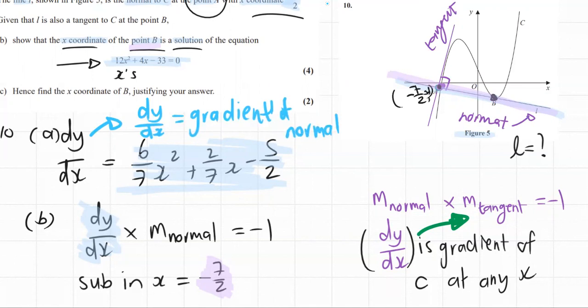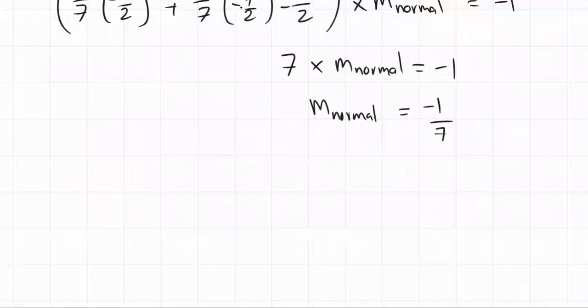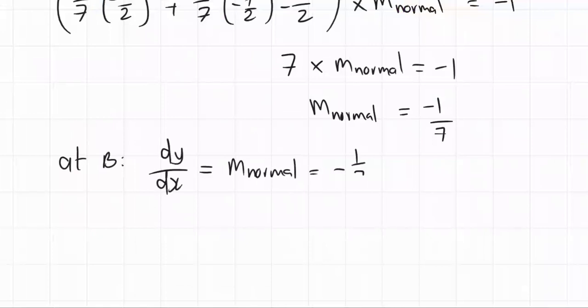So at point B, the gradient will be equal to dy dx. So at B, dy dx will be equal to m of the normal, which is equal to -1/7. Okay.